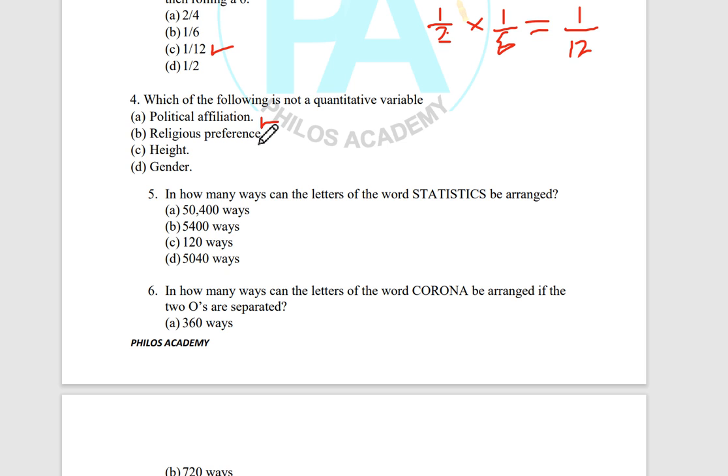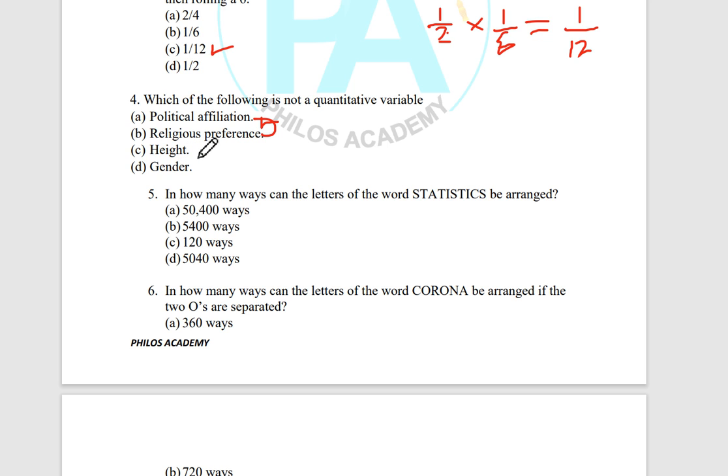Then religious preference. It's either you are a Muslim, a Christian, an African traditionalist, or whatever. Your religious preference is also a qualitative variable, so it's the same as A. Then let's look at height.